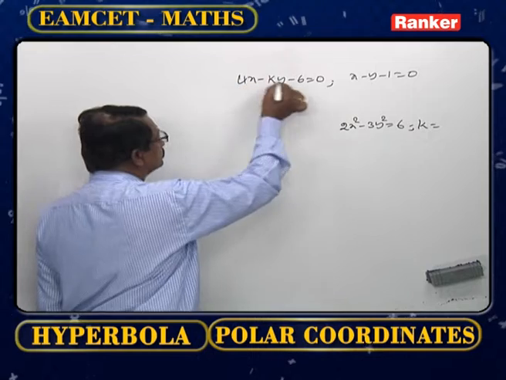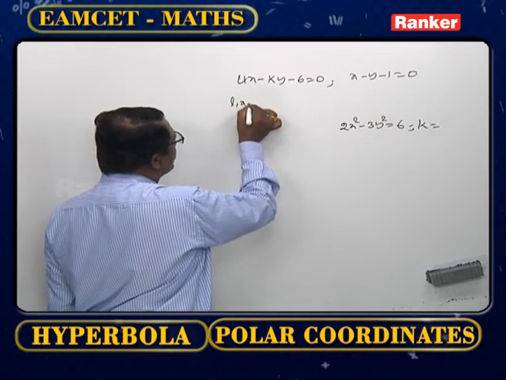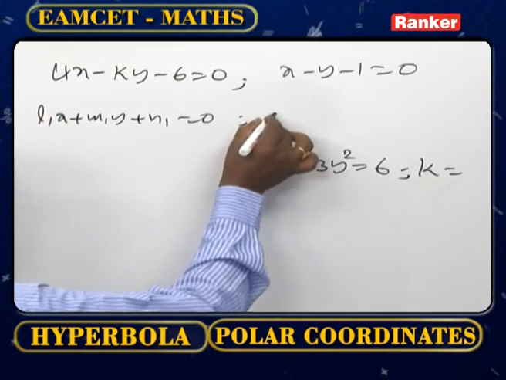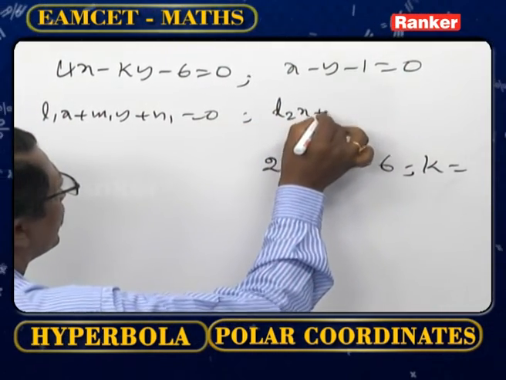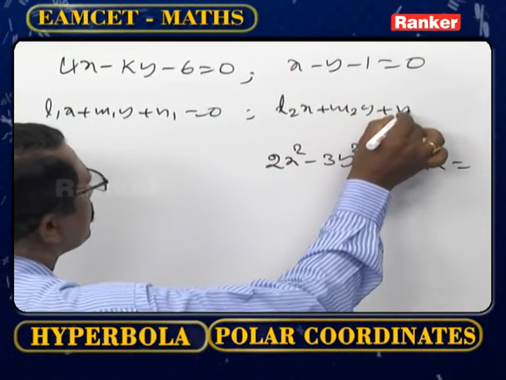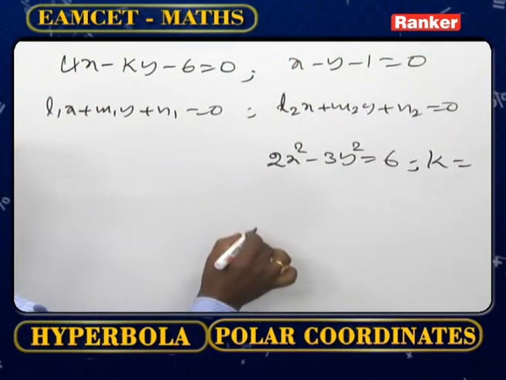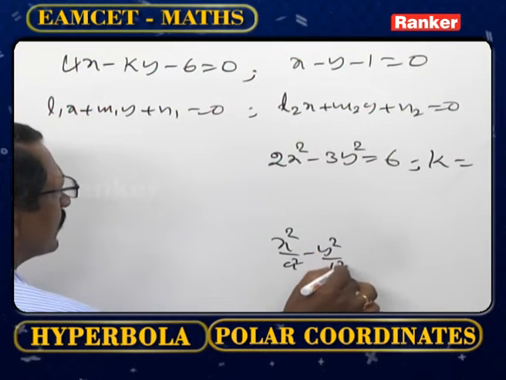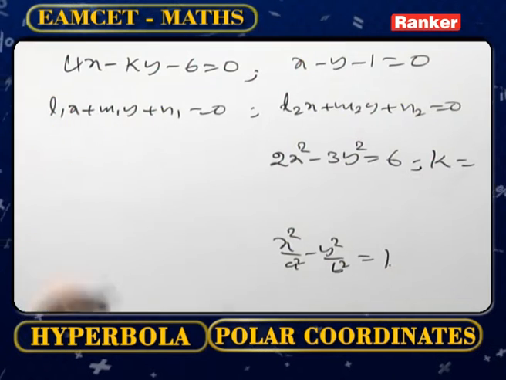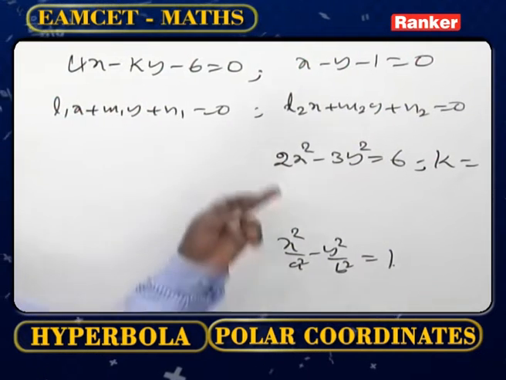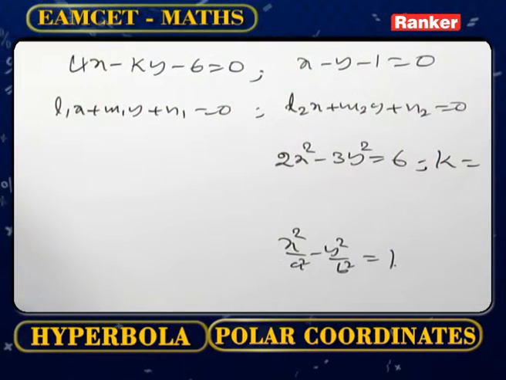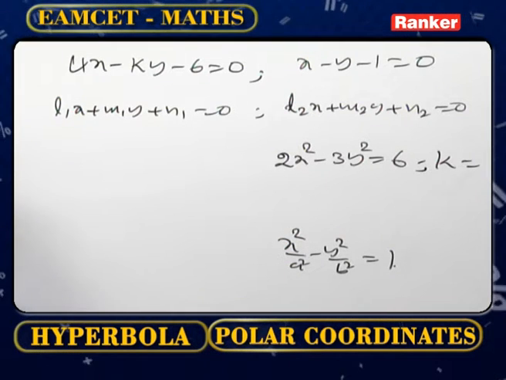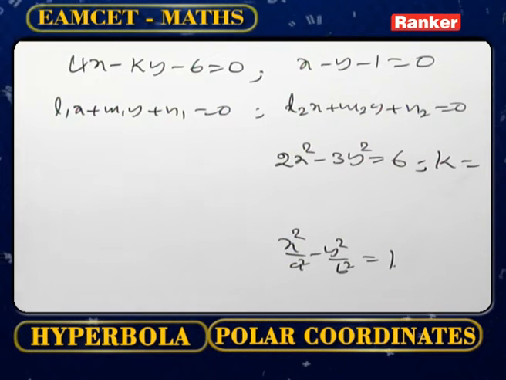Suppose the two lines are L1x plus M1y plus N1 equals to 0 and L2x plus M2y plus N2 equals to 0, and the hyperbola equation is x square by a square minus y square by b square equals to 1.